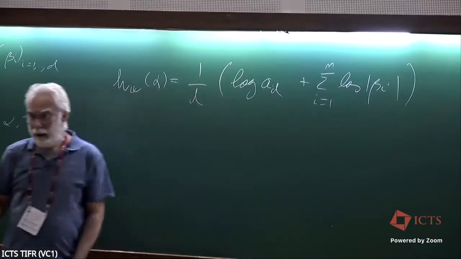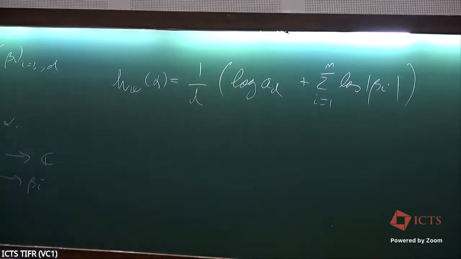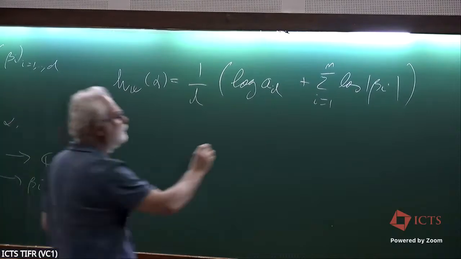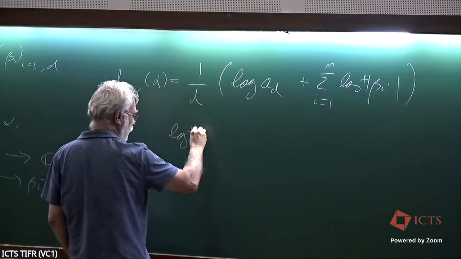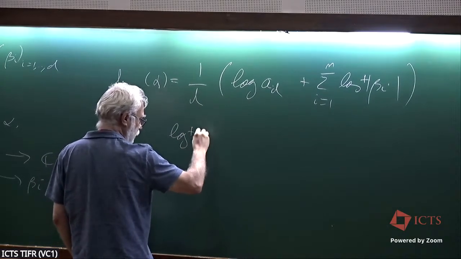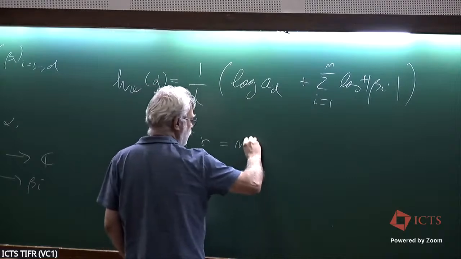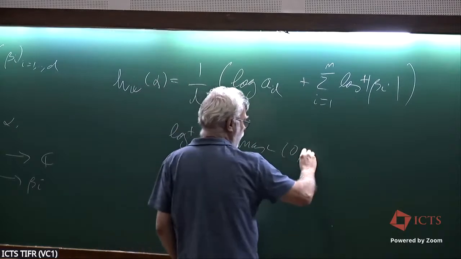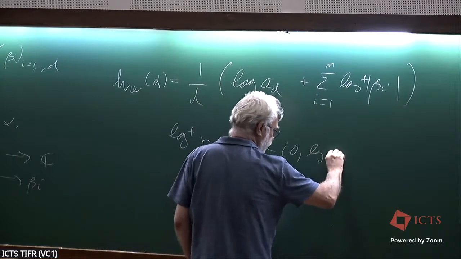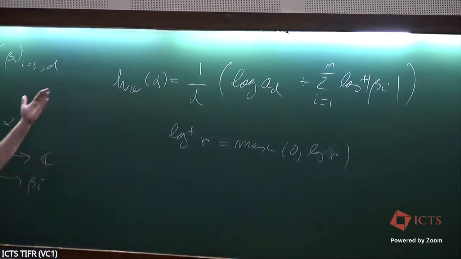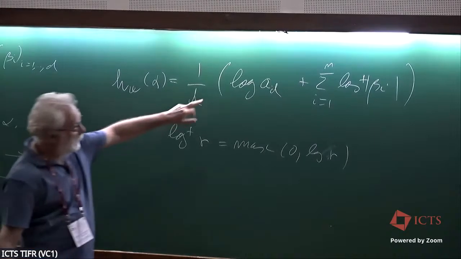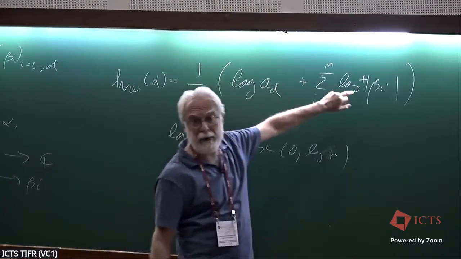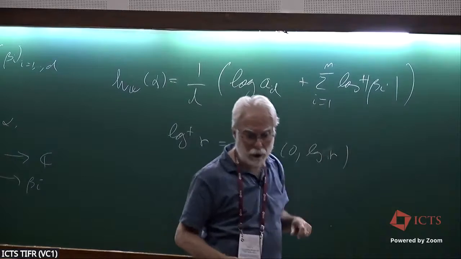Okay? Here log plus of a number R is just the max between 0 and log of R. So we can think that the height tells me something about the size of the denominator and the average size of all possible conjugates.